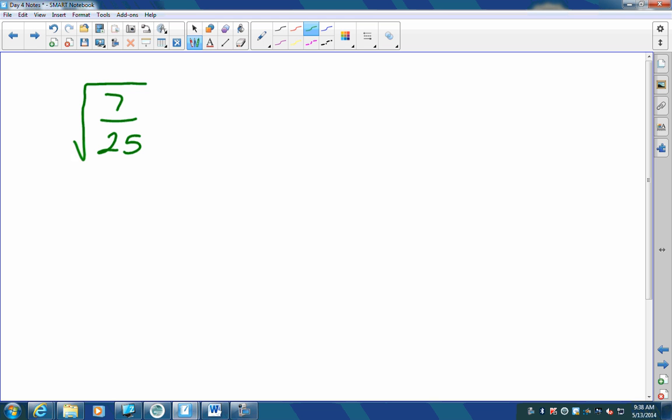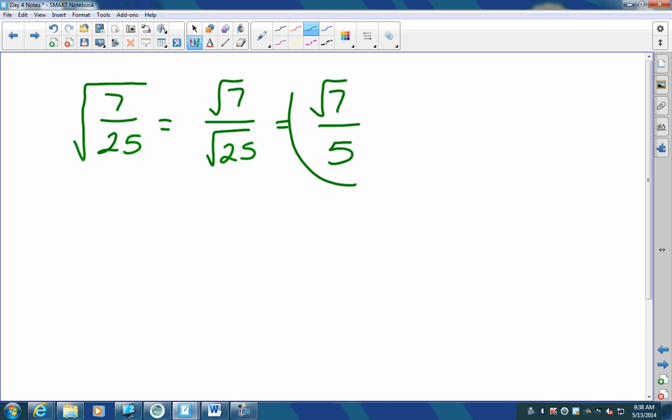The first thing I would look at is, can I reduce 7 over 25 anymore? No, I cannot. So I'm going to go square root of 7 over the square root of 25. Square root of 7 is as low as it goes. But what is the square root of 25? 5. That's my answer.